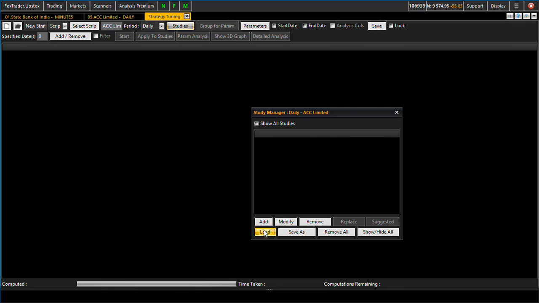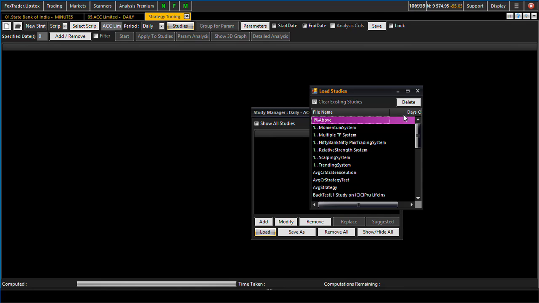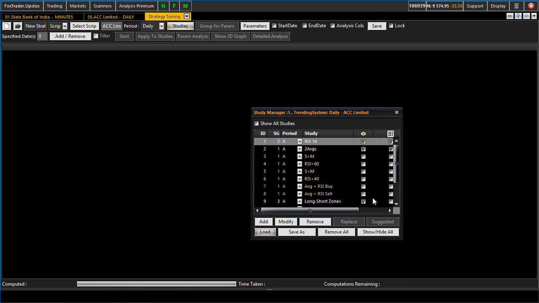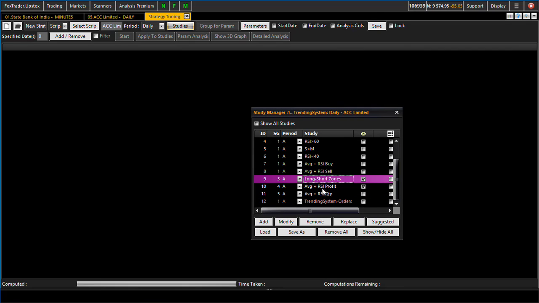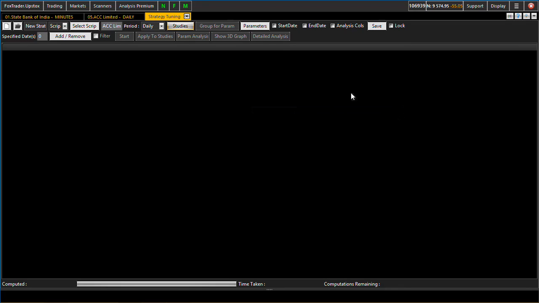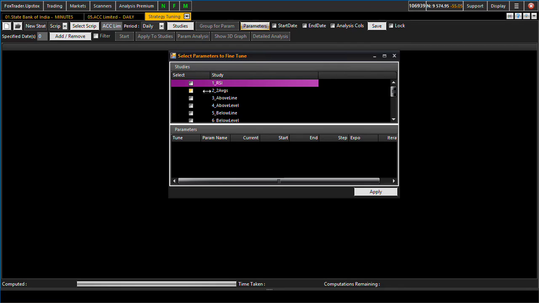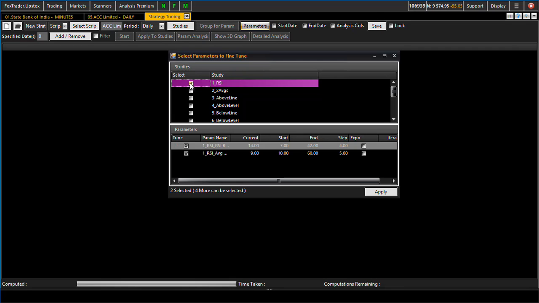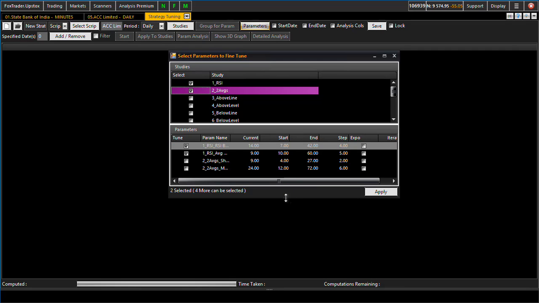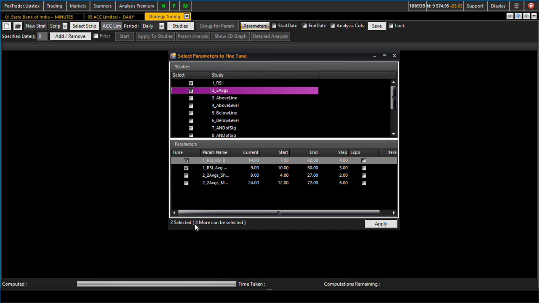I'll go to studies, I'll load my study out here, trending system. Okay, right, so let me close this. This is loaded. I'll go to parameters out here. Now I want to fine tune the RSI input and 2 averages inputs, right? So you can fine tune up to 4 inputs out here.